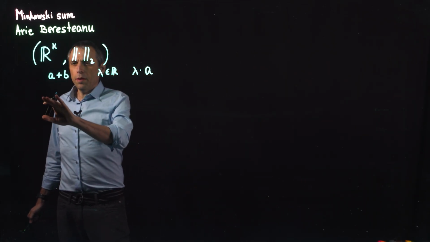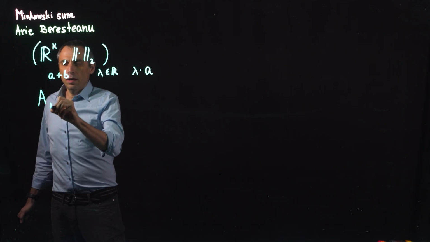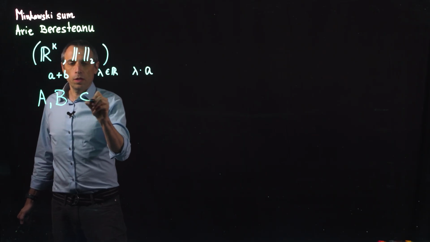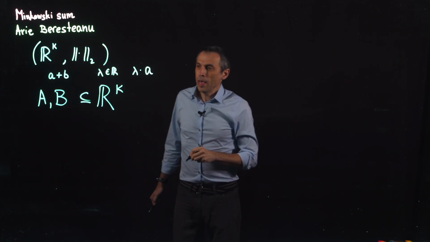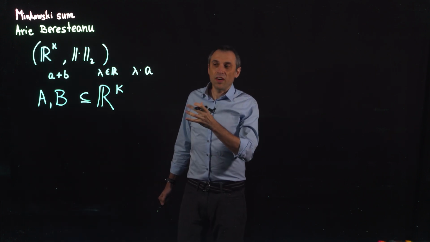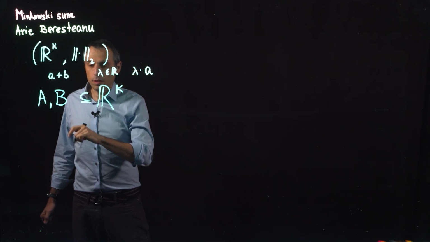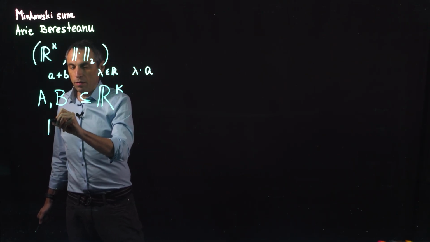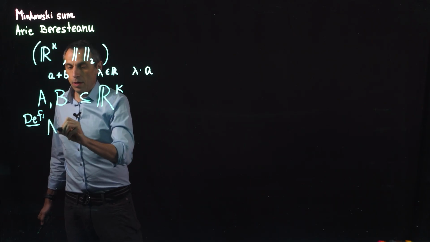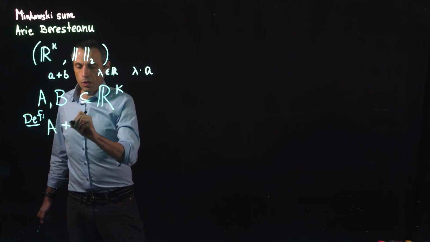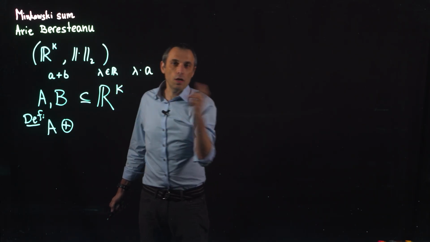So now think about two sets, subsets A and B, both of them subsets of R^k. And we want to define a summation: what happens if we sum two sets in R^k. So this is the definition. We will use a special sign for the plus because it's not the same summation as for two vectors.